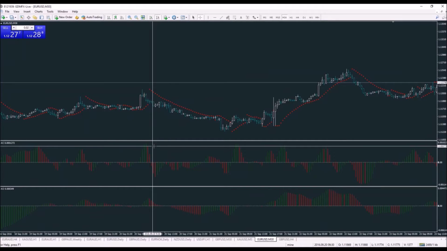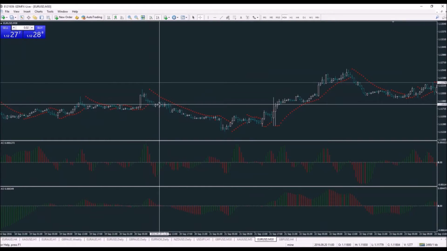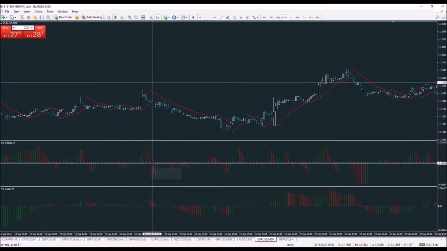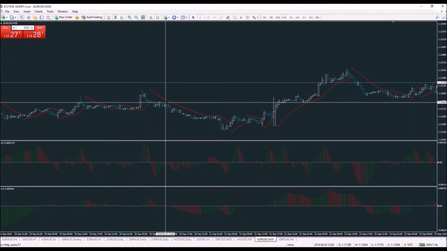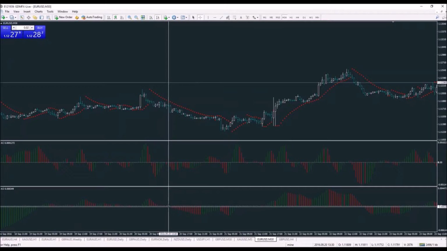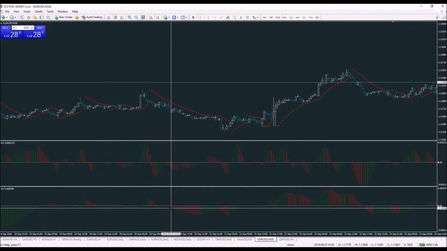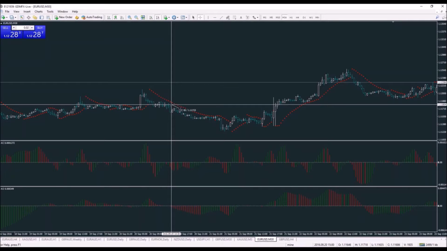We will have another case like this one, a case in which we see change in direction of the AC. Our parabolic is telling us there is further downside to go. We see the bars coming into negative territory of the awesome oscillator, and we can of course take that case down to the change of this parabolic here to about 30 pips of profit, avoiding problems in the future.